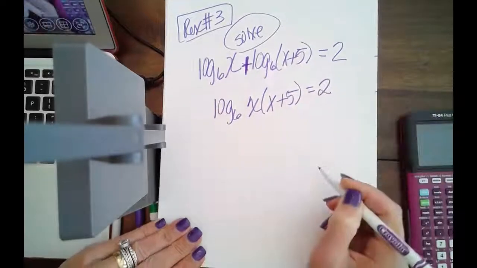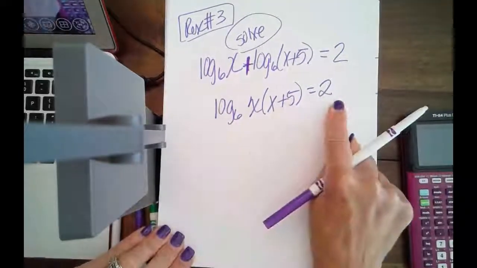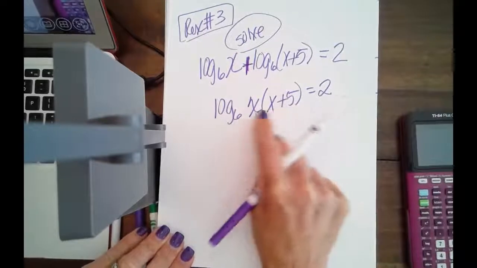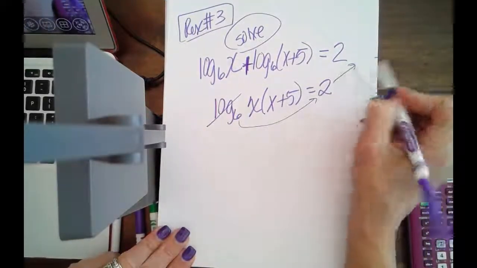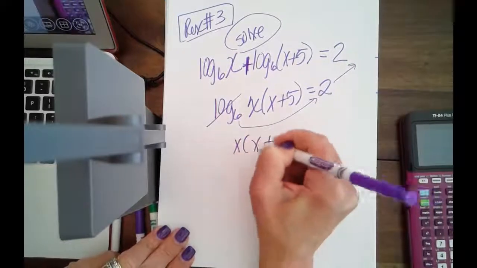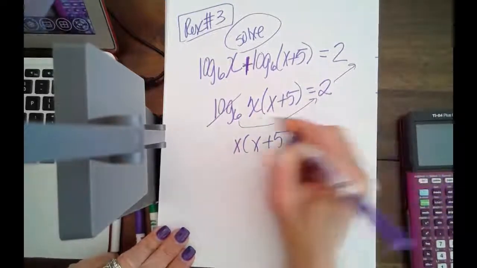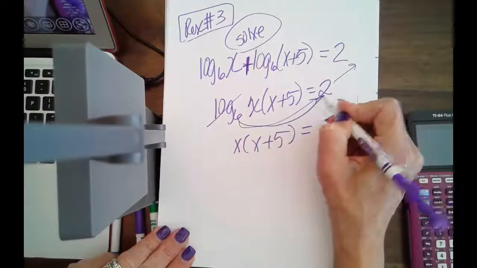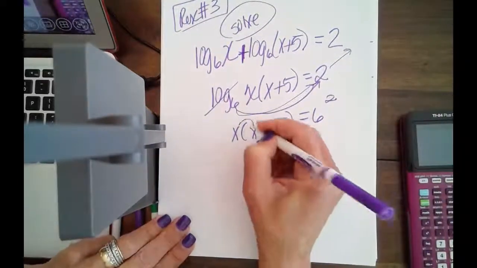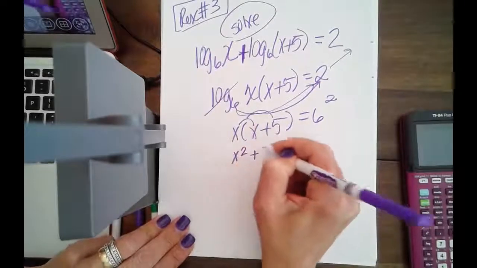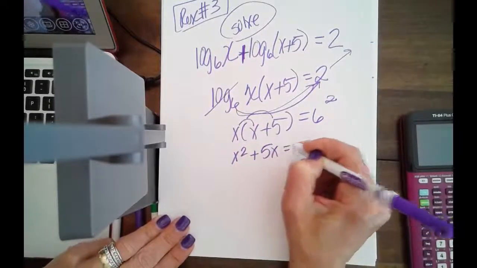All right, now we are stuck in log form. We're going to have to get rid of the log, push the base over here, and push the 2 up. So x times x plus 5 is now equal to our base of 6, which moved over here, and we bump the 2 up into the exponent position. So now we can distribute: x squared plus 5x equals 36.